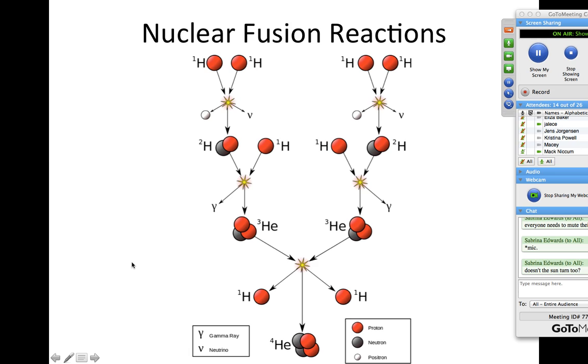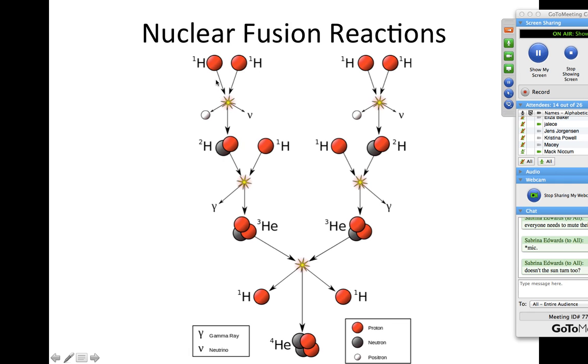Okay, let's see. Now we are going to talk about nuclear fusion and the reaction that actually happens at the center of the sun. I really want you to be able to understand this discussion. So if you have questions, or if you don't understand something that I'm saying, please write that in the chat. Like I mentioned, most of the gas in the sun is hydrogen.